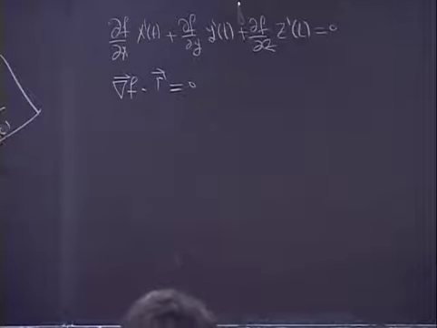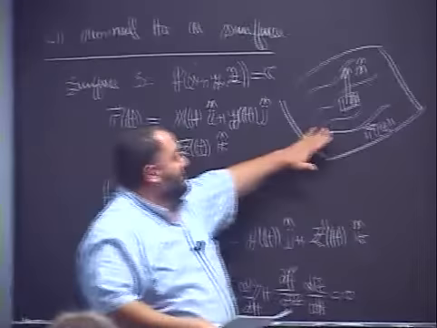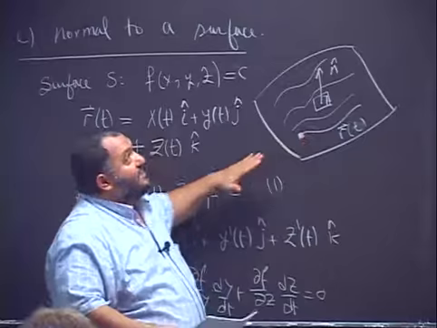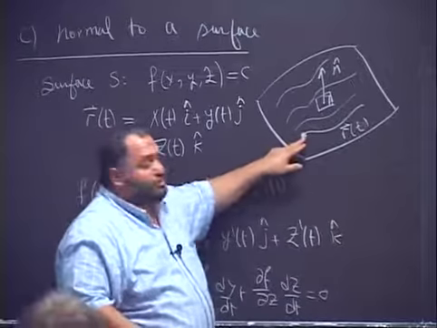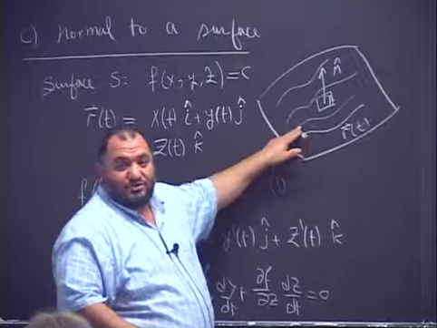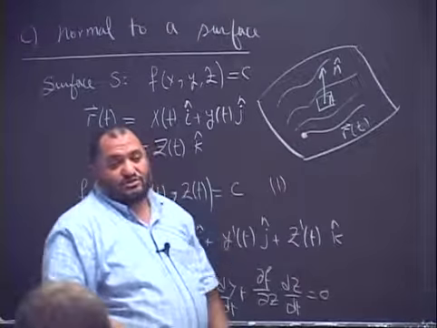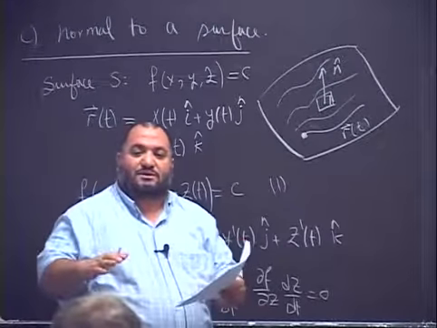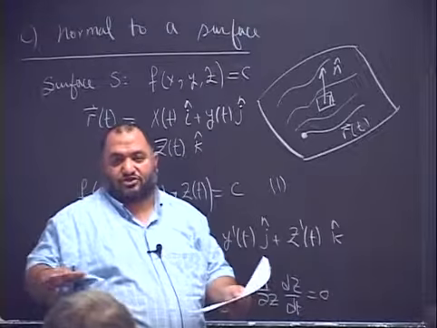If you have lots of curves here on the surface, and we find the tangent to this curve, and tangent to this curve, and tangent to this curve, we will find a surface of tangents.